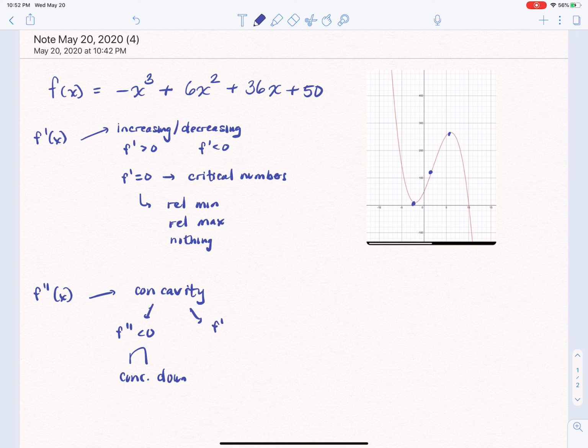And if the second derivative is greater than 0, that meant concave up. And if f double prime is equal to 0, after some further analysis and after testing the concavity on both sides, it could be a point of inflection. But again, we never know for sure until we do the analysis.